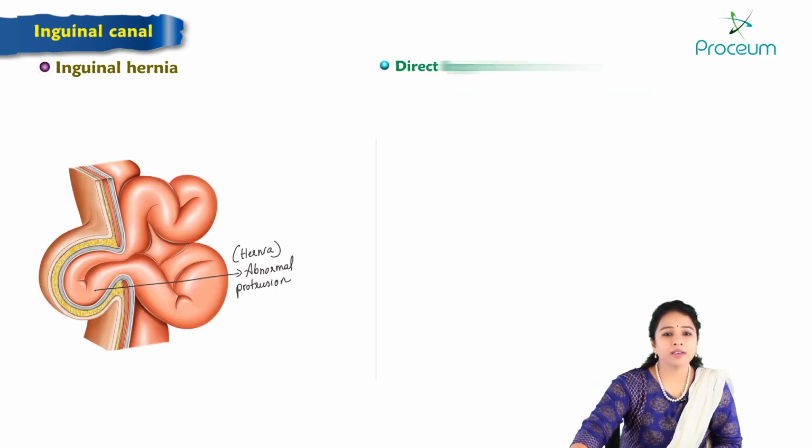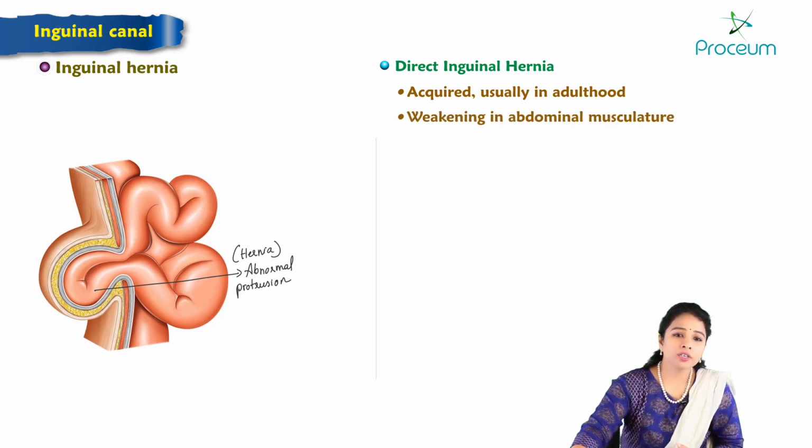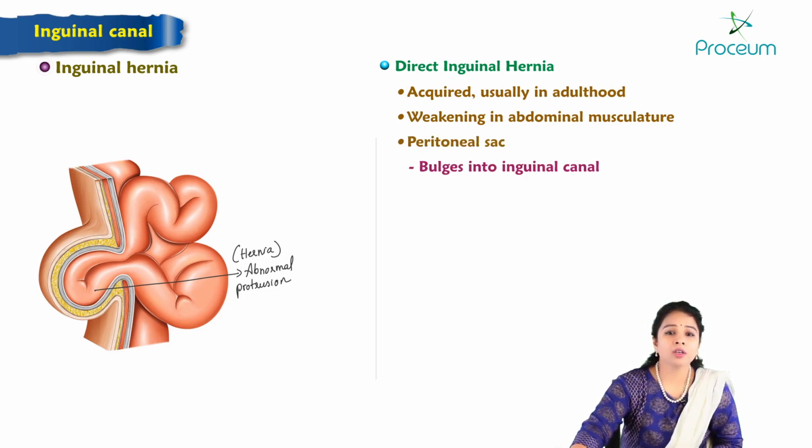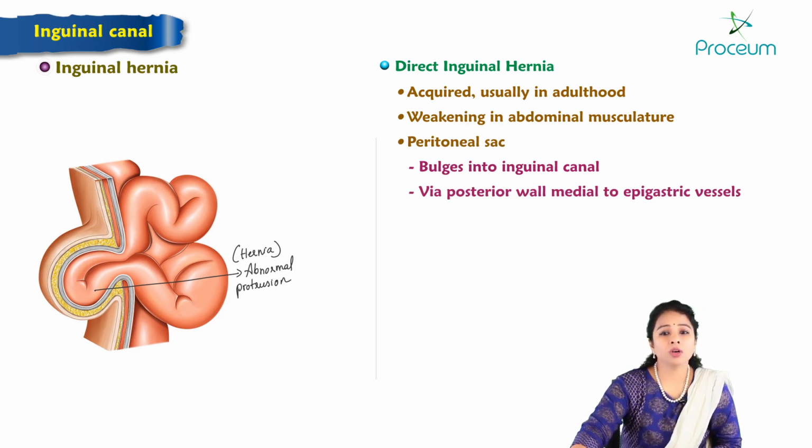Next, about the direct inguinal hernia. In contrast to indirect hernia, direct inguinal hernias are acquired. Usually it occurs in adulthood, due to the weakening of abdominal musculature. So the peritoneal sac bulges into the inguinal canal via the posterior wall and medial to the epigastric vessels.